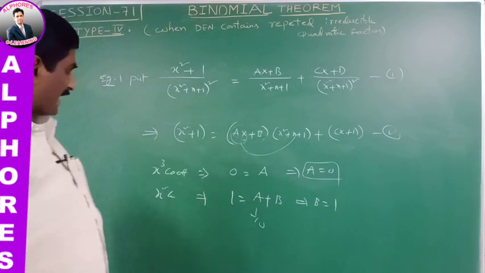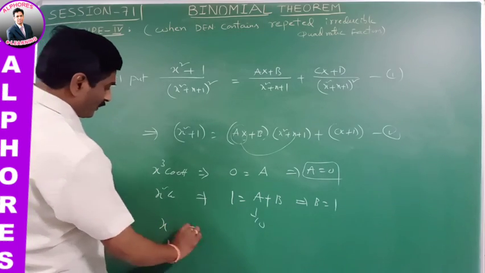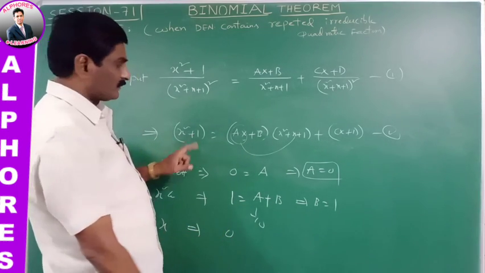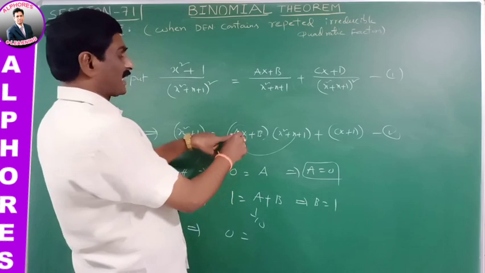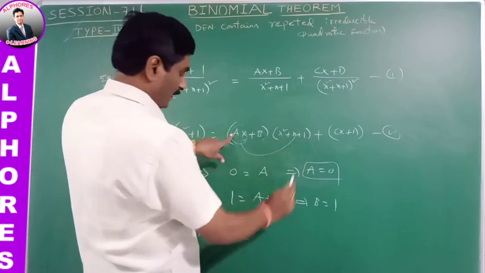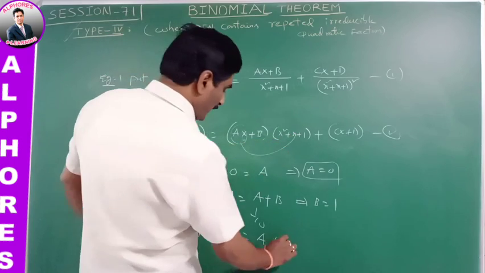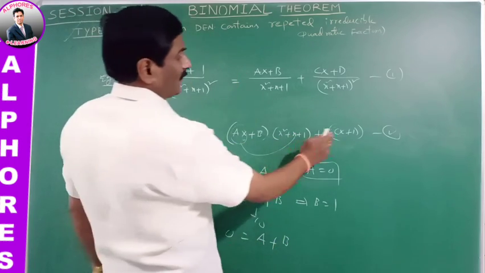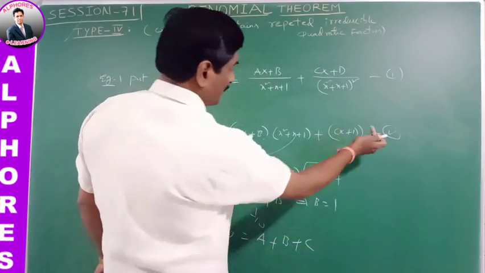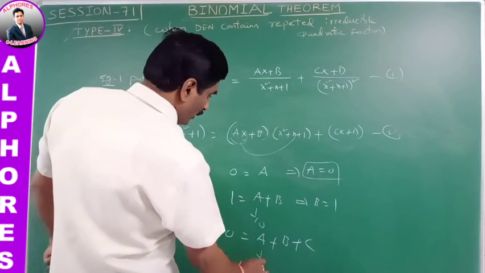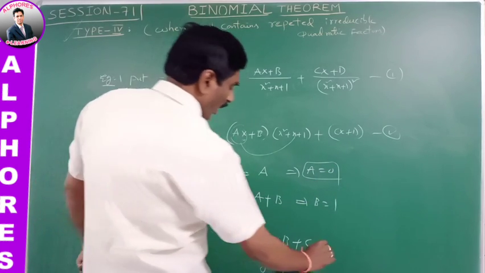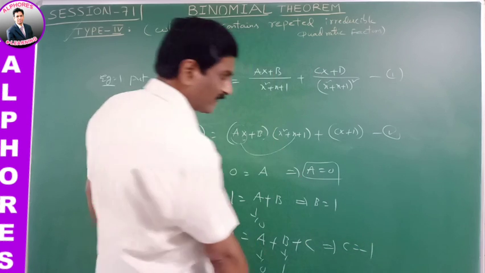Next, compare x coefficient. Here x coefficient is 0. 0 is equal to, for getting x coefficient, ax into constant, that means a, plus constant into x, that means b. Next, what is the constant term here? c. Here a value is 0, b value is 1. So automatically c value is equal to minus 1.